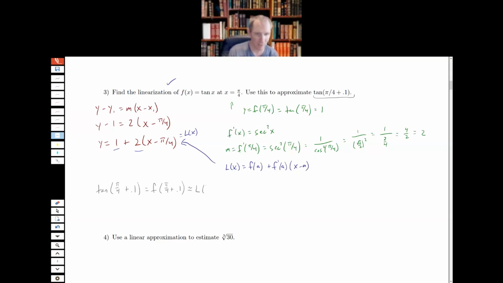So this is approximately equal to L of pi over 4 plus 0.1. For that, I plug into this formula. I have 1 plus 2 times pi over 4 plus 0.1 minus pi over 4. Pi over 4 and negative pi over 4 add to 0. So I have 1 plus 2 times 0.1, or 1.2.